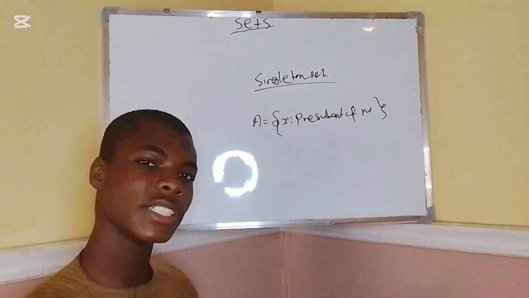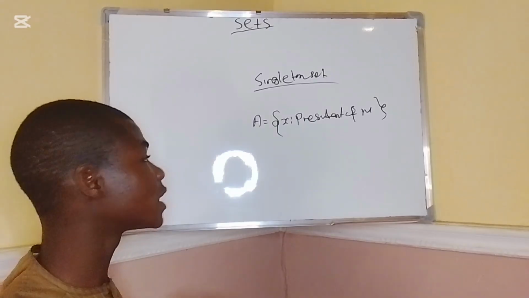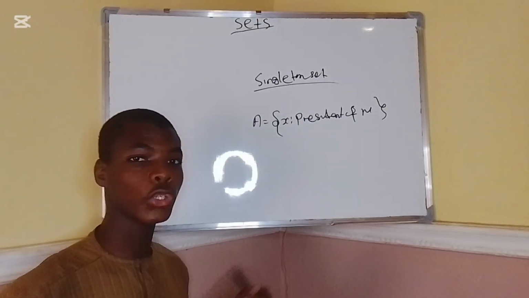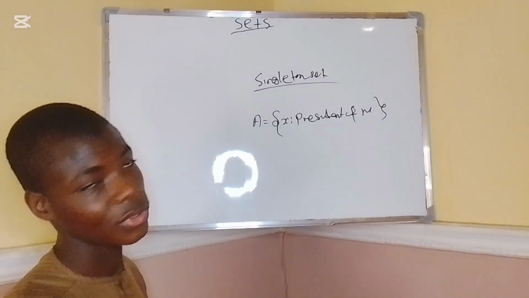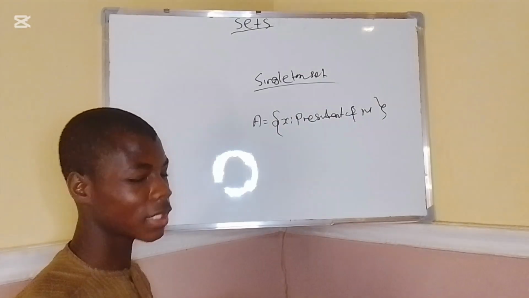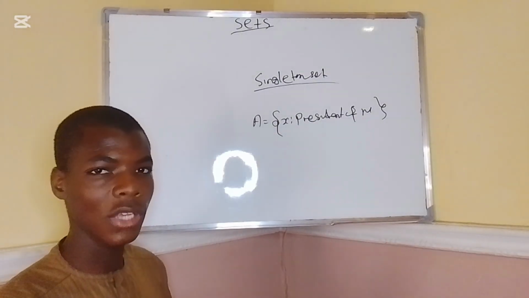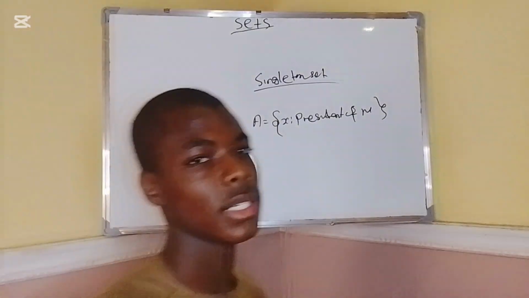Who is the president of Nigeria? He's only one. Well, let's say the president of America, UK, and the rest. It consists of only that president, he is the only one. So therefore, this is what we call the singleton set.